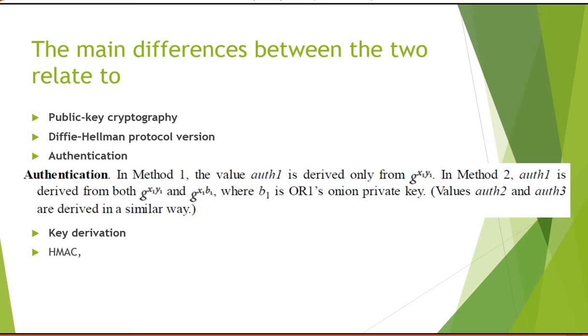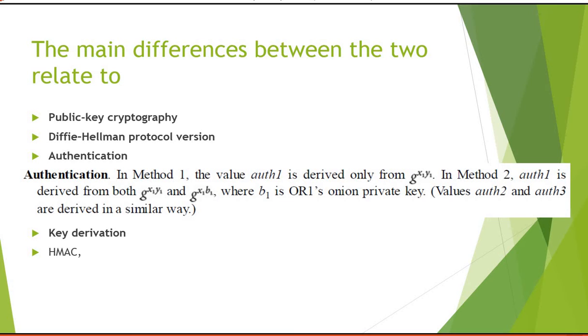After that, g^x1 is generated by Alice and transferred to onion router 1, and onion router 1 generates g^y1 and transfers it. They are all getting transferred. If you combine g^x1 and g^y1, that key value will be used for authentication purposes. For this, the Diffie-Hellman algorithm will be used.